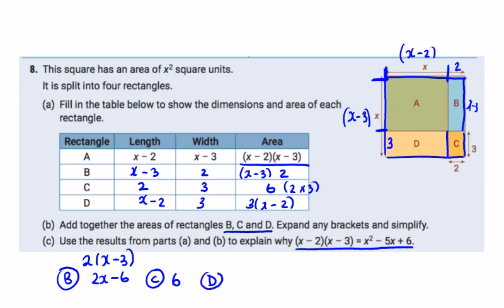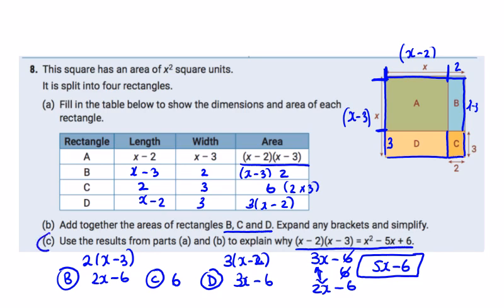And D is 3 by x minus 2, which is 3x minus 6. And if we cancel these, the 6s cancel straight away. We're going to get 2x minus 6. So totaling these, we're going to get 5x with the 3 and the 2, 5x minus 6.